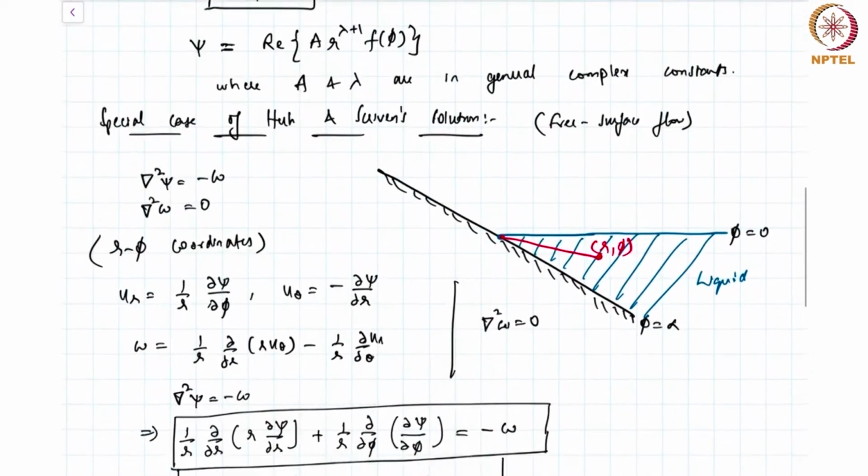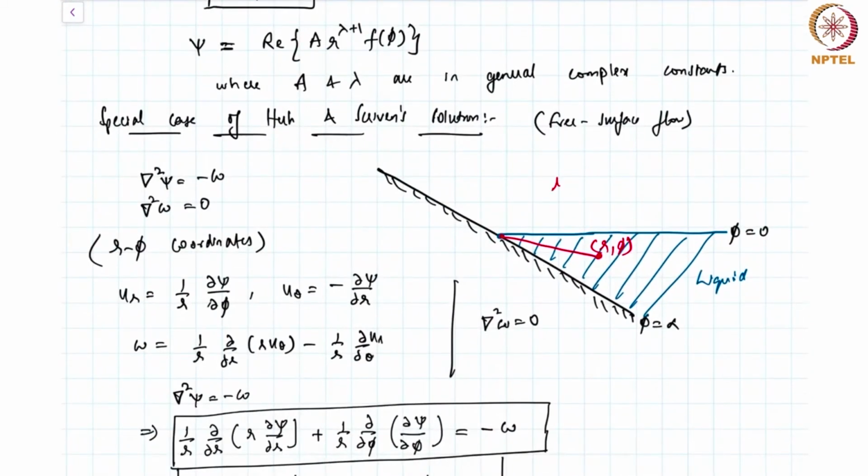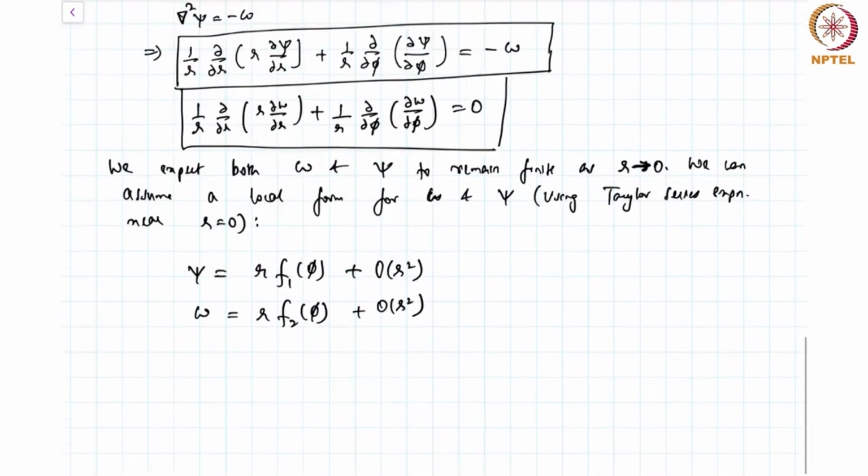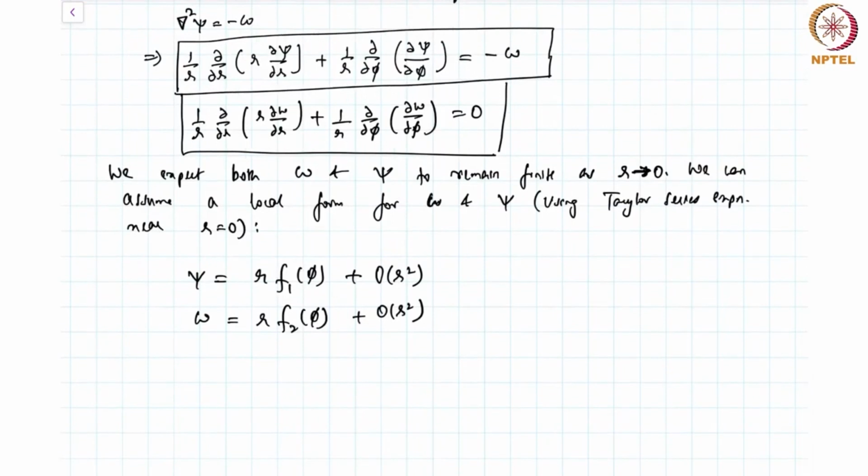Note that we are looking for a single phase flow, so viscosity is 0 here. It is passive gas. It's a free surface problem, and so we don't have to worry about what's happening in the other phase.